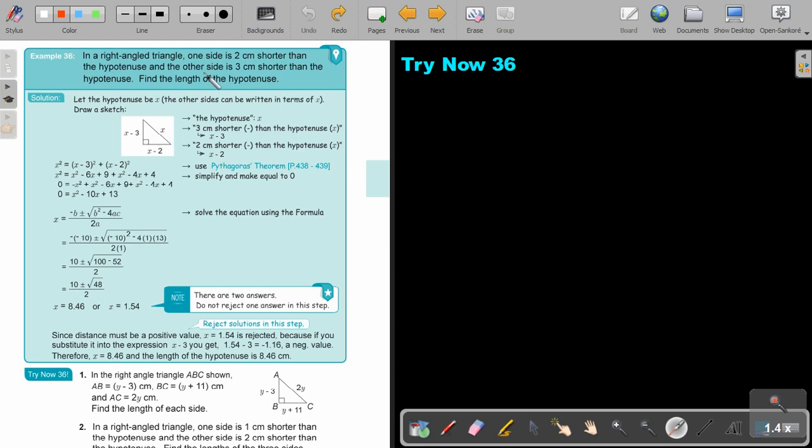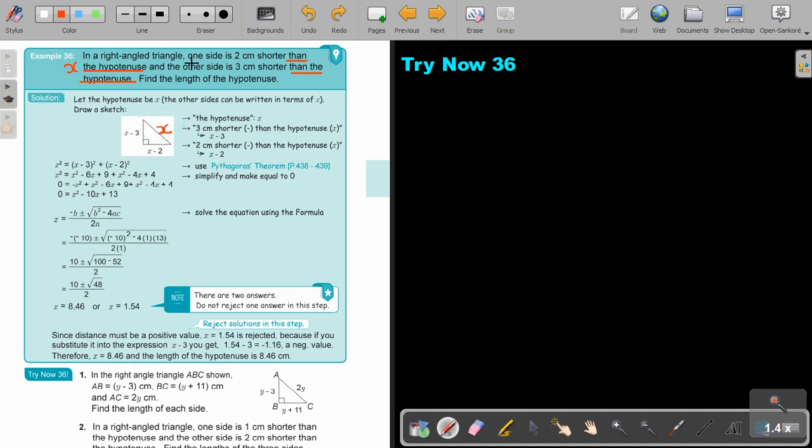Every time, and I want to show you again, they refer to the hypotenuse. Usually they say "than the hypotenuse", whatever follows. So make the hypotenuse x. Make a right triangle and make this x.